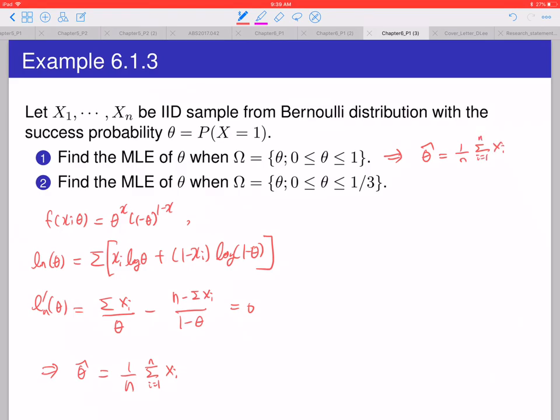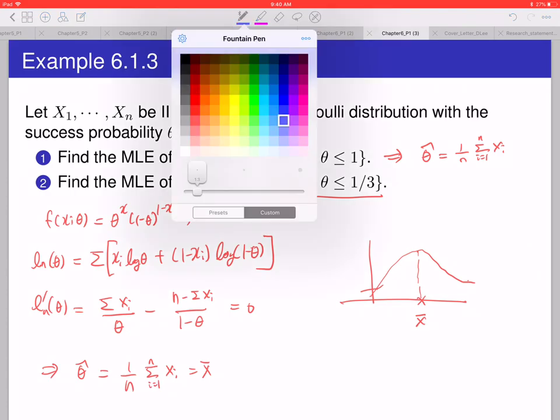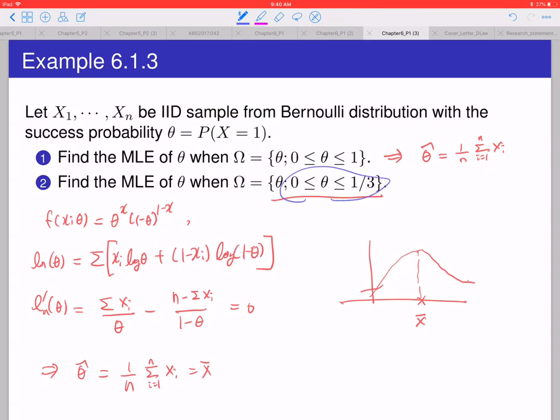Now suppose your parameter space is restricted. Then this likelihood function takes the form of something like this. Whatever the form is, the original maximum is at x bar. But now suppose your parameter space is 0 to 1 over 3.